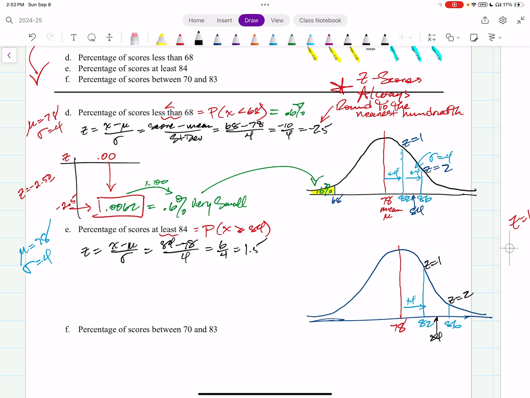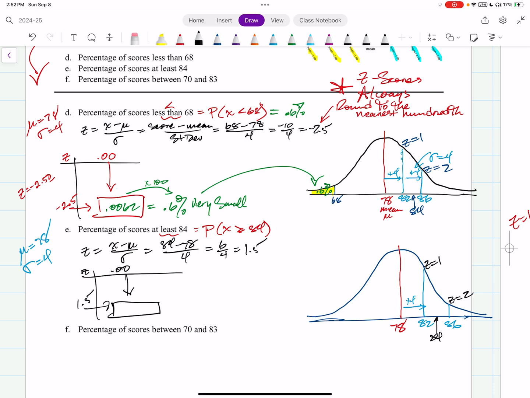Well, how about that? So let's figure it out. I want to look for 1.5 up here, 0.00 here, go across and down. I'm just double checking my arithmetic here. Yeah, I think it's right. 84. Okay, looks good.